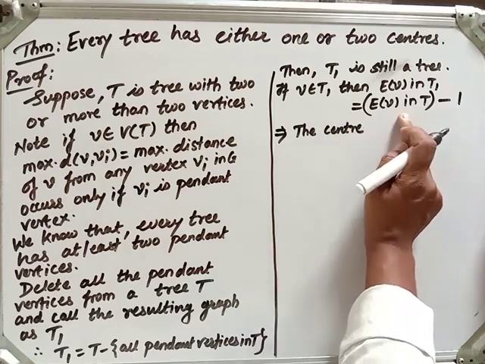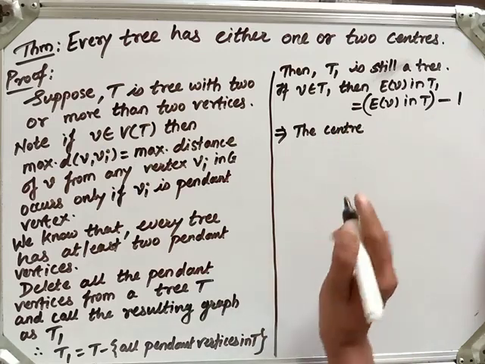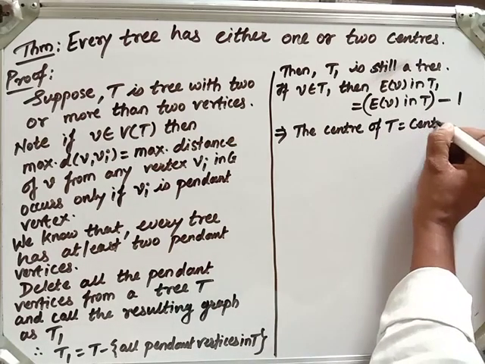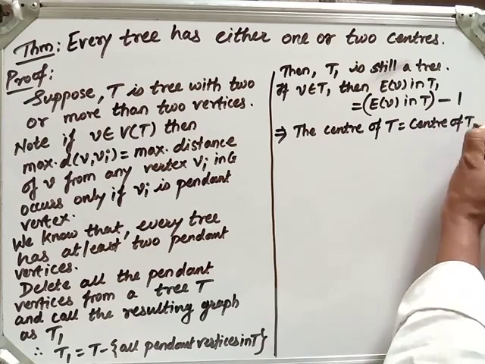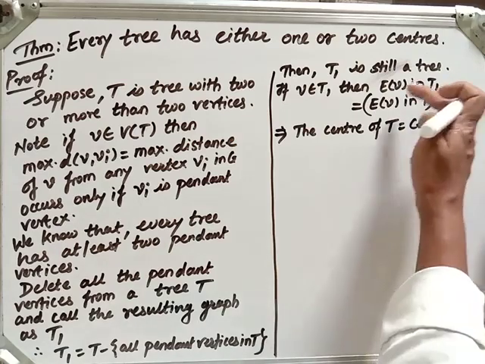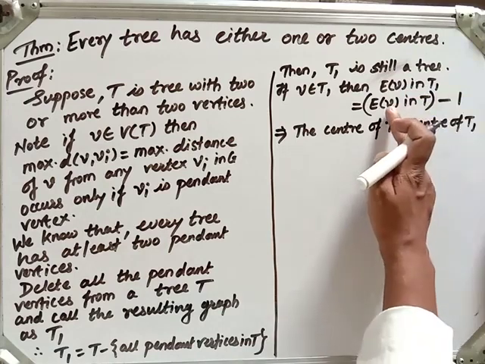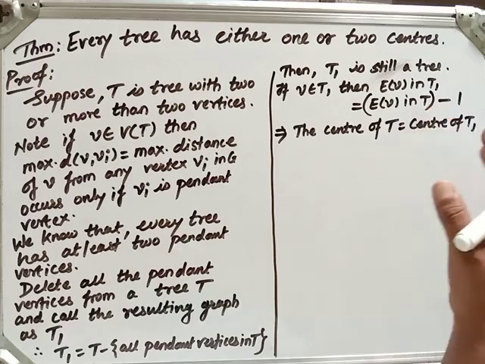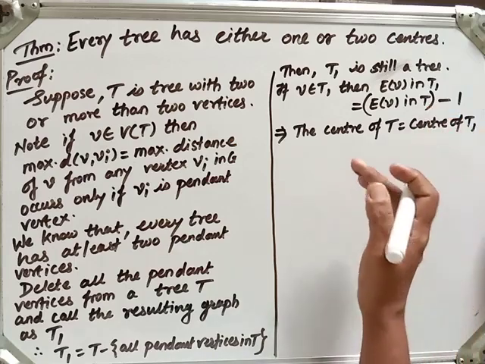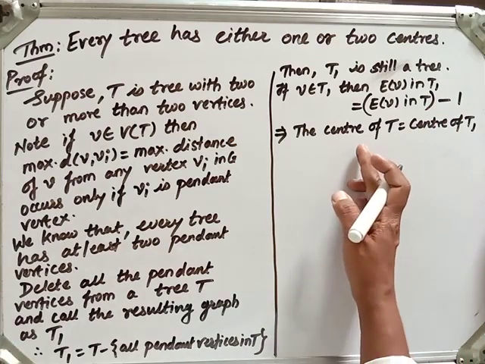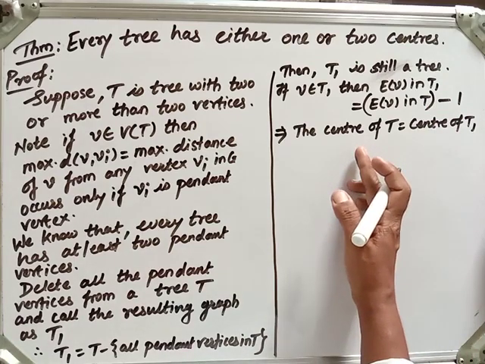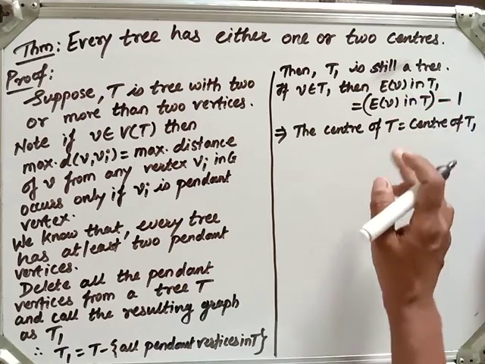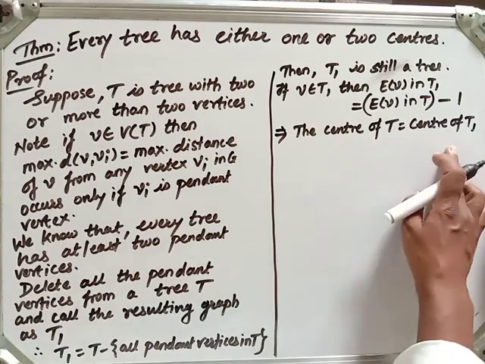This changes eccentricity, but it won't change the center. The center of T is the same as the center of T1. The eccentricity of V decreases; the minimum will give us the center. If it is 2 in T, then it becomes 1 in T1. So the center will remain the same.